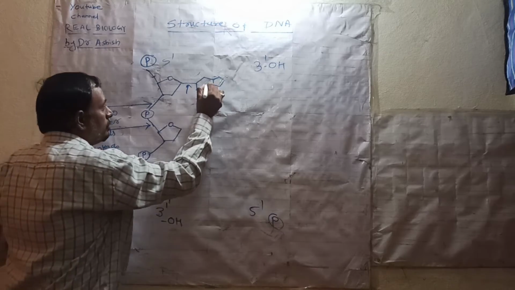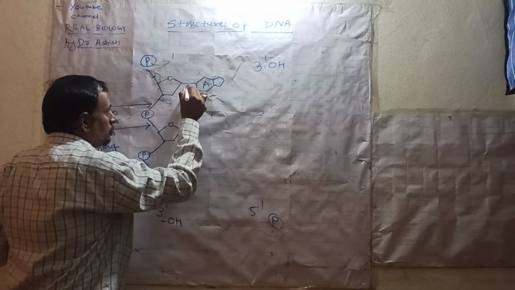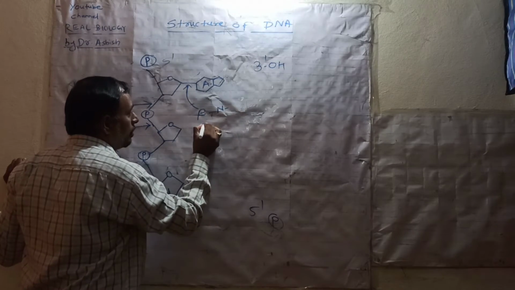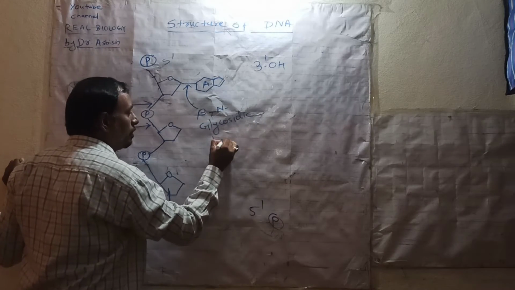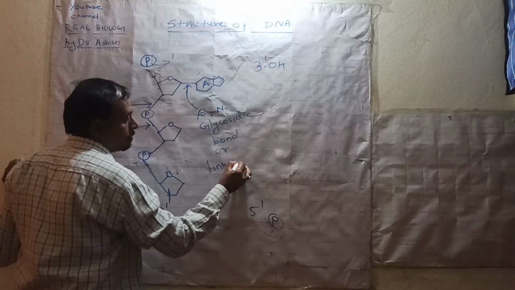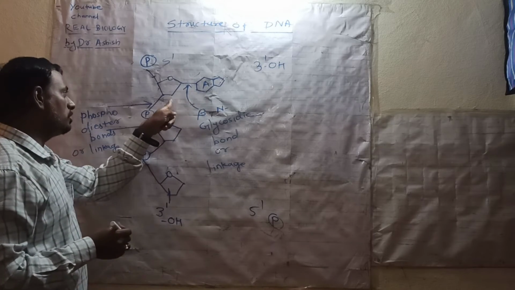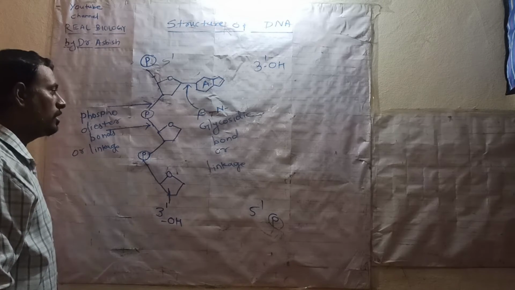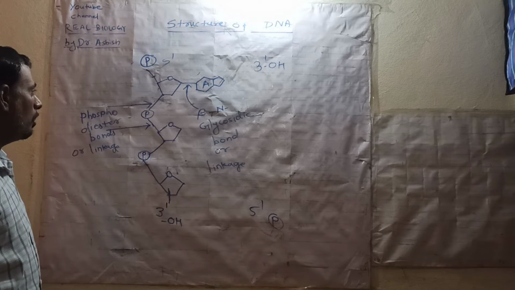This bond, which joins adenine with deoxyribose sugar, is known as the beta N glycosidic bond. So the nitrogenous base is joined with deoxyribose sugar with the help of the beta N glycosidic bond or linkage.